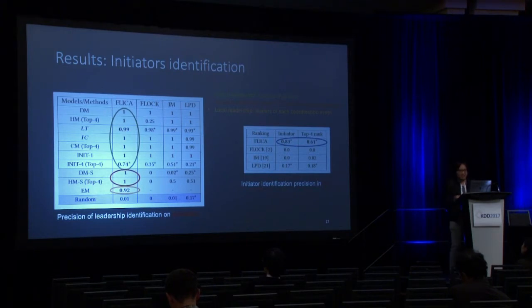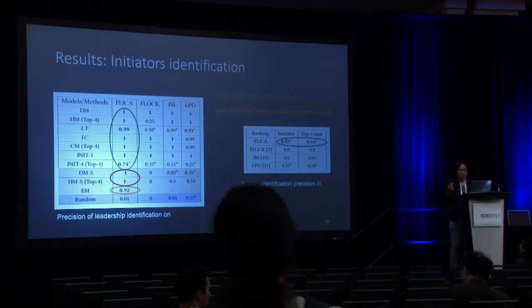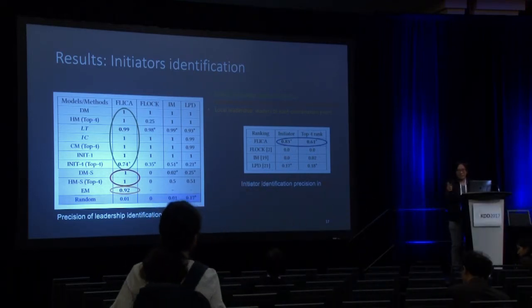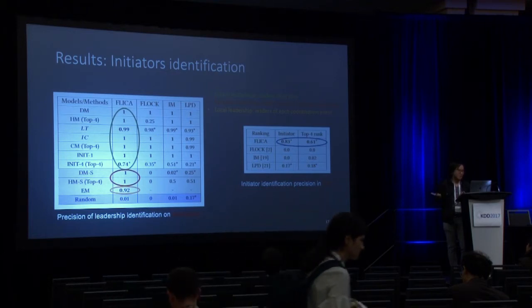To make it clear, let's say baboons: in the morning, we may have one baboon who leads the group to the feeding site. In the afternoon, we may have different baboons that lead the group to the sleeping site. So at different times, we can have different leaders. That's why we cannot just simply look at the global leadership to detect which one is the leader. Sometimes the leader is the initiator, based on the context.